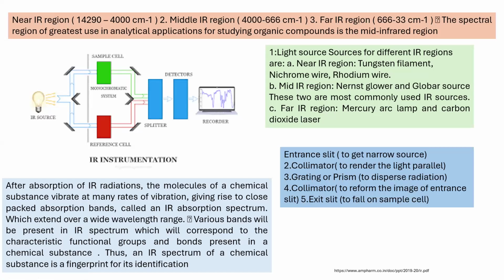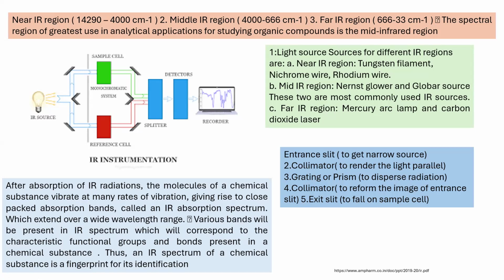When you irradiate your sample with IR radiation, the molecules of a chemical substance absorb this energy, and on account of the energy they will vibrate, right? The rate of vibration is going to be different for each type of bond, each type of atoms involved in the bond formation. So it is going to give you different rates of vibration.